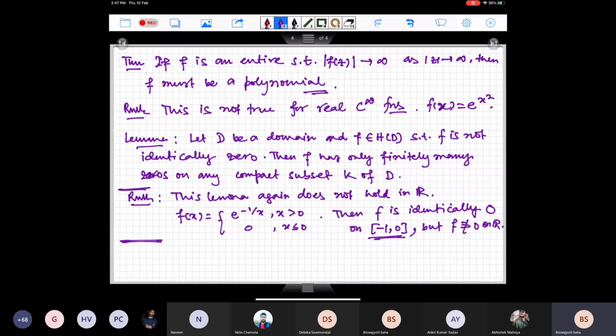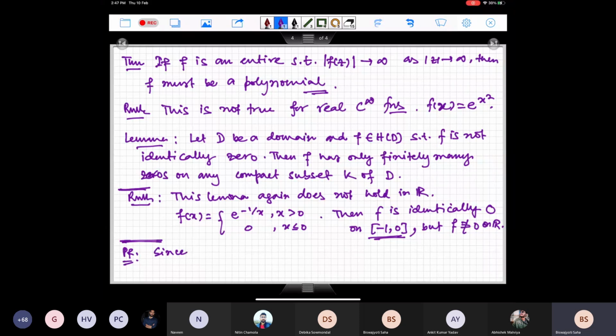Okay, fine. So let me quickly try to complete the proof. Here I have an entire function f, and mod f is going to plus infinity as mod z tends to plus infinity. So I have to prove that f must be a polynomial. So first of all, let us observe the following thing. Proof of theorem.